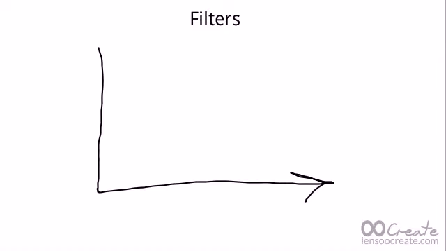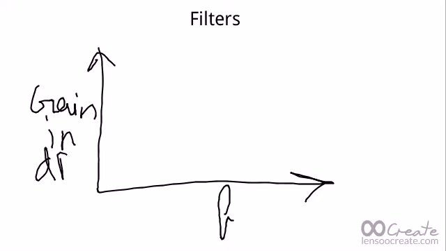So any linear relationship will be displayed as a straight line. So our graph somewhat looks like this. This is our frequency and this is our gain in dB. Fine.